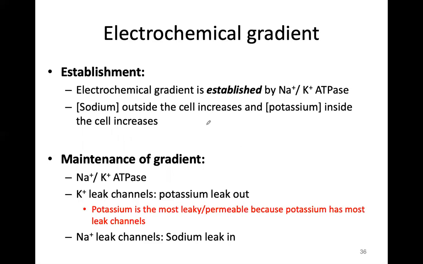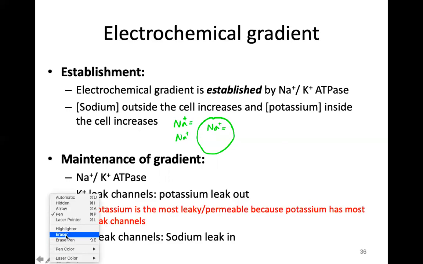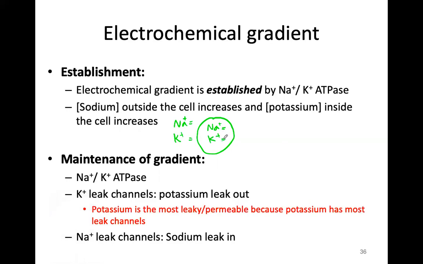So here's my cell. The two main ions we have are sodium, which is equal inside and outside, and then potassium. You have an equal amount of it inside and outside the cell.